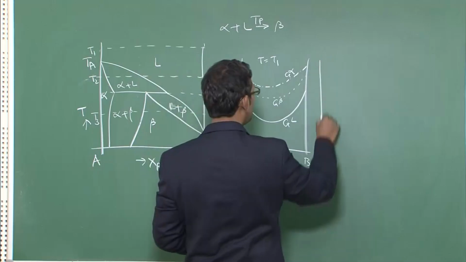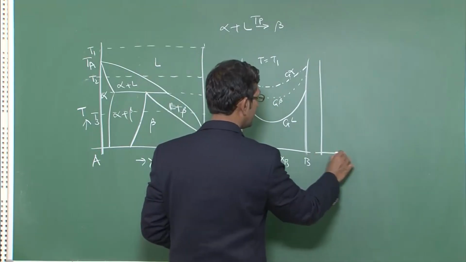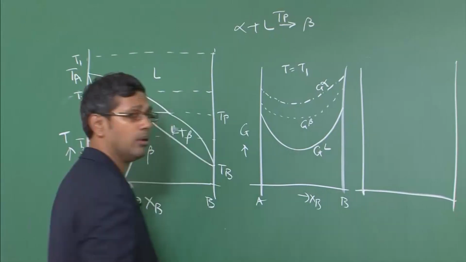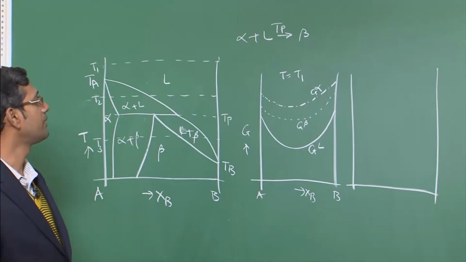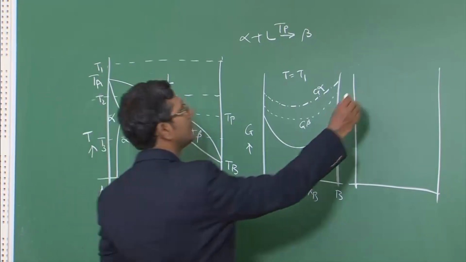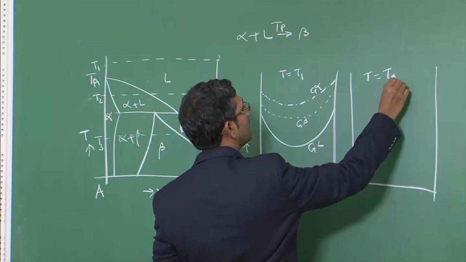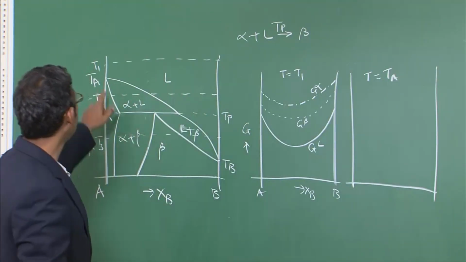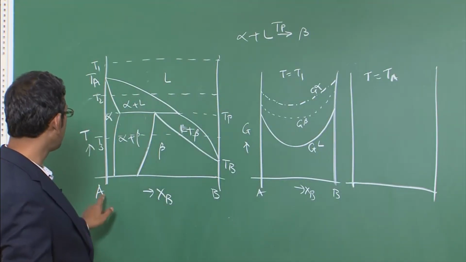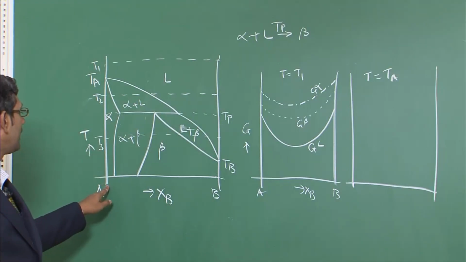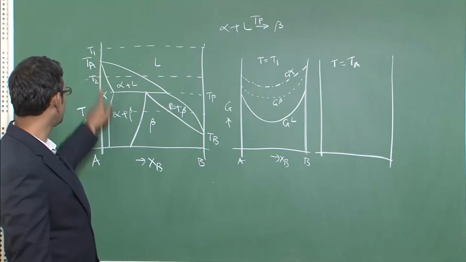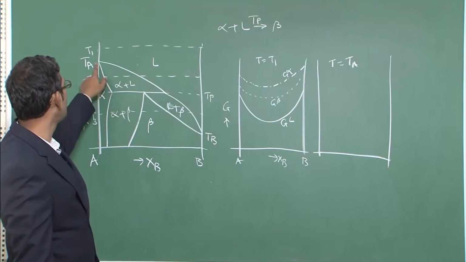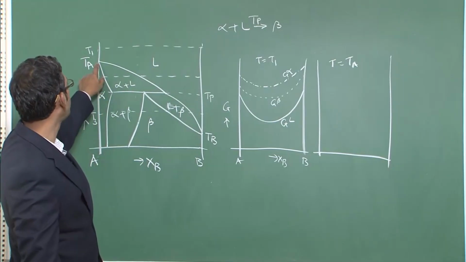Now at temperature TA, okay, let us now do it for temperature T equal to TA, correct. So at T equal to TA, you can see here that at the pure A end, the solidus and liquidus of the alpha phase are meeting.